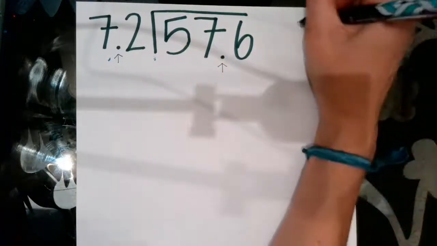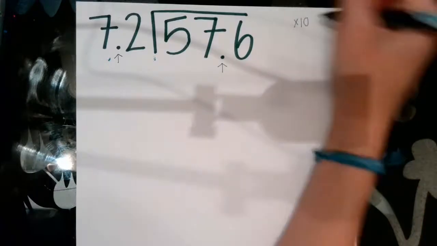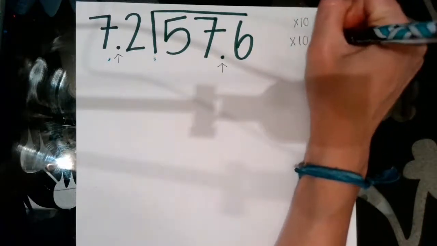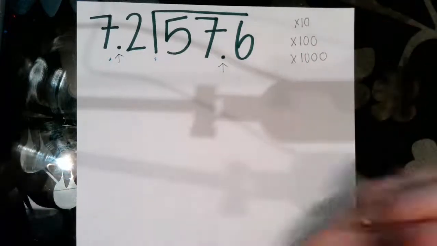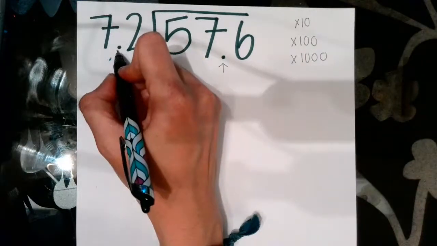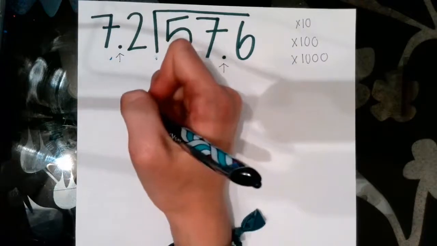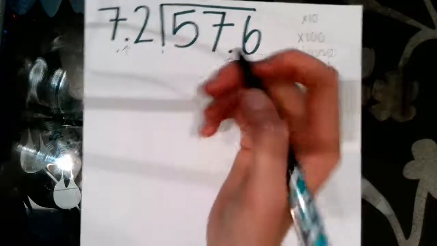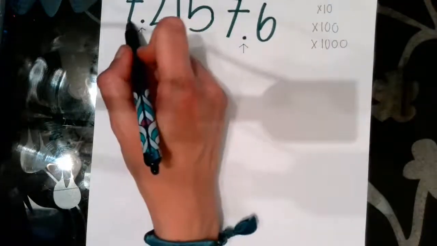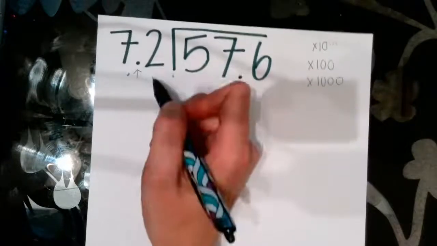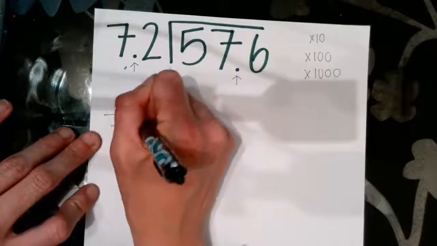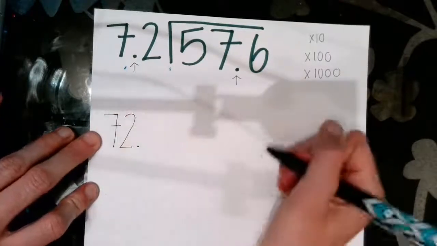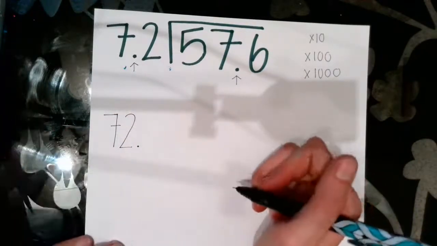I know that anytime I multiply by a power of 10, so times 10, times 100, times 1,000, I am moving all the numbers to the left one place value. So if I multiply 7 and 2/10 by 10, it will turn into 72, and my decimal is now at the end of the number, so I'm good to divide.